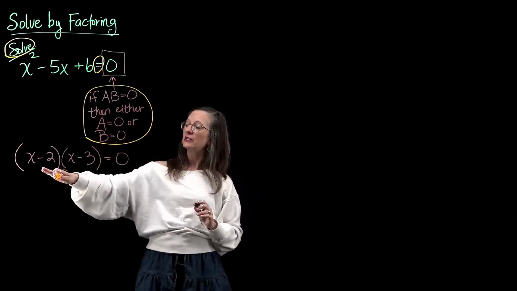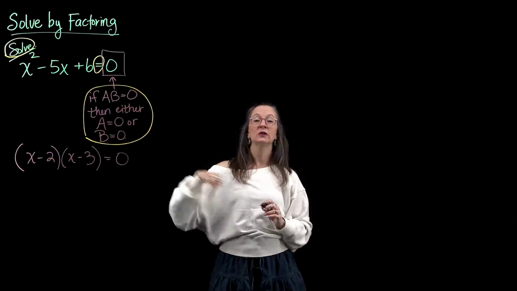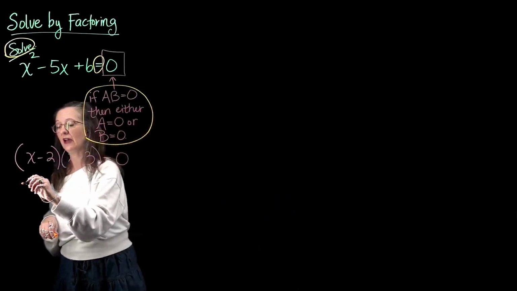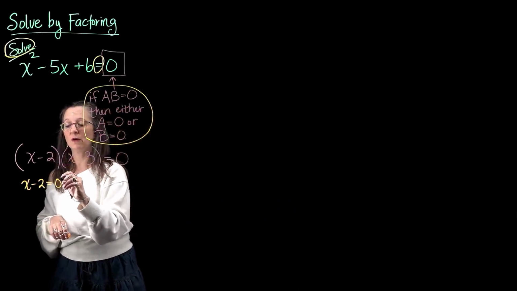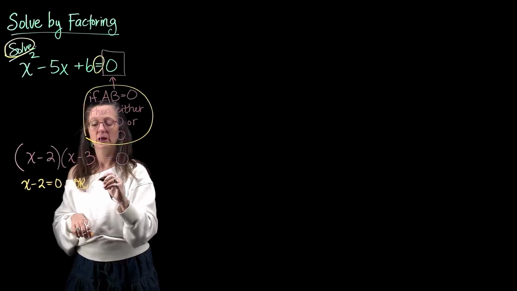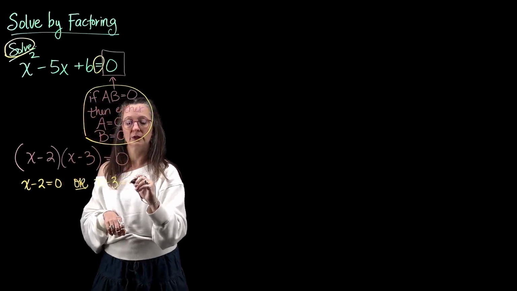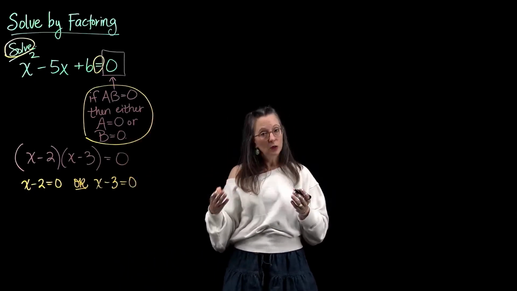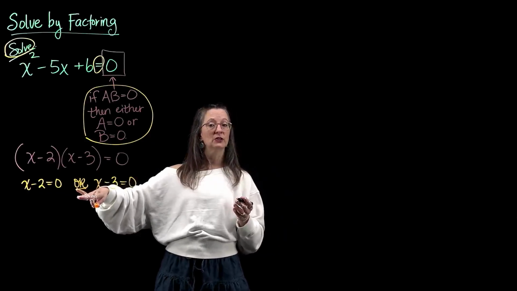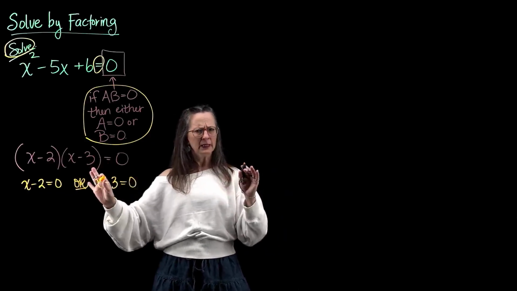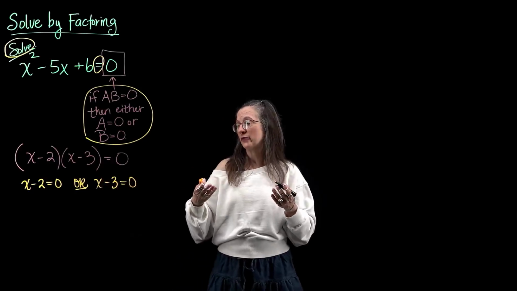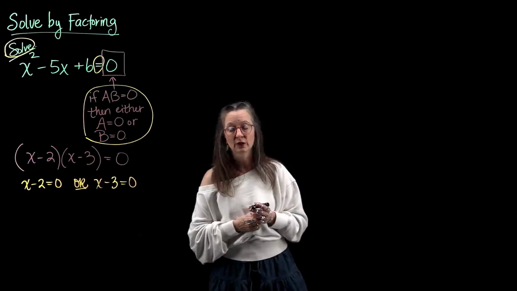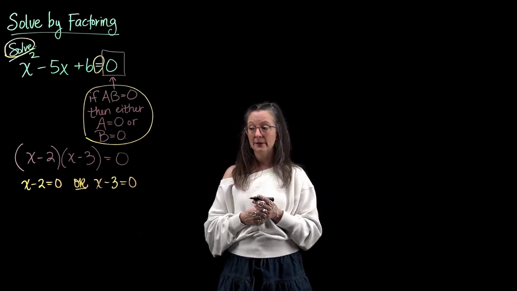All right, so if x minus 2 times x minus 3 is equal to 0, the only way that can happen is if x minus 2 equals 0 or x minus 3 is equal to 0. Those are the only two options. Now, you won't always see this "or" written between them. I will at the beginning just because I want to emphasize the fact that either of those is a possible solution. But it's okay if you don't include that.